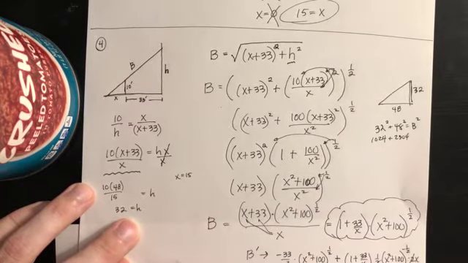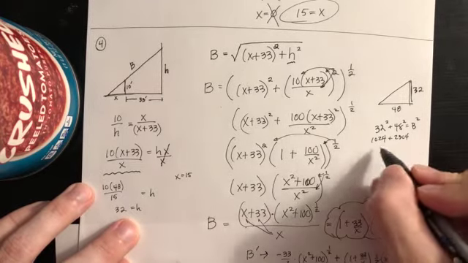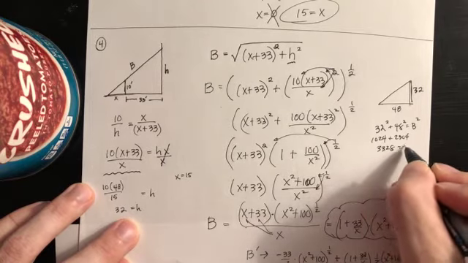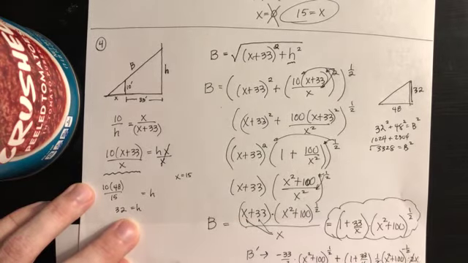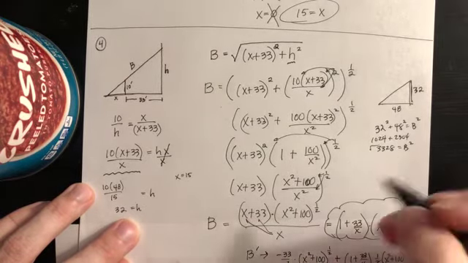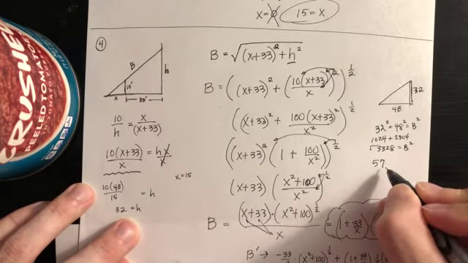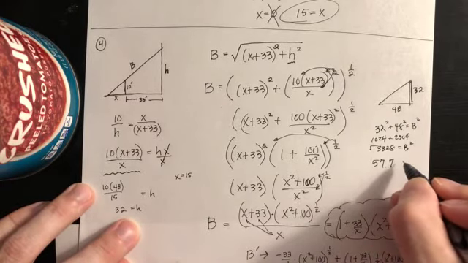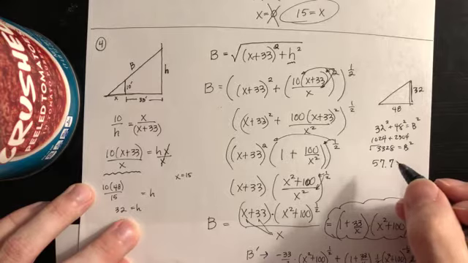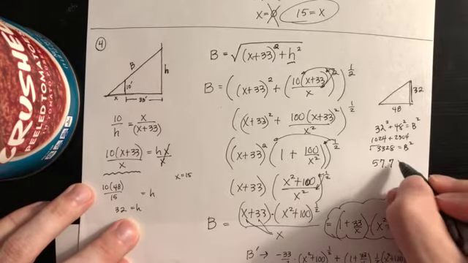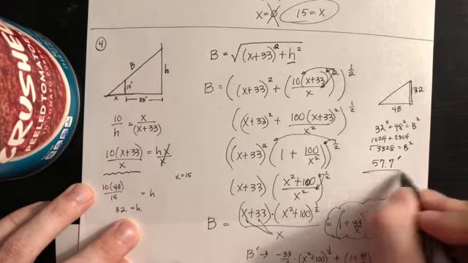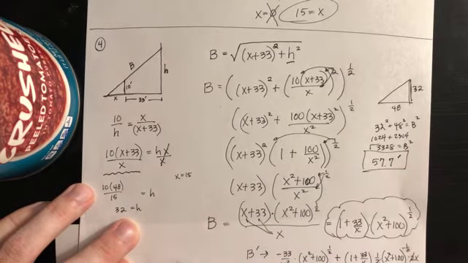Add them, 3328. Now I'm going to take the square root, and I get 57.7 feet, right? We're dealing with feet. Oh, I can't wait to check this answer. Please be right. Yep, okay.